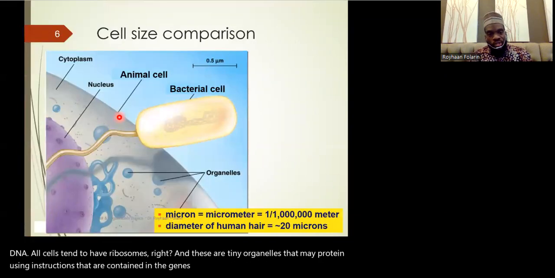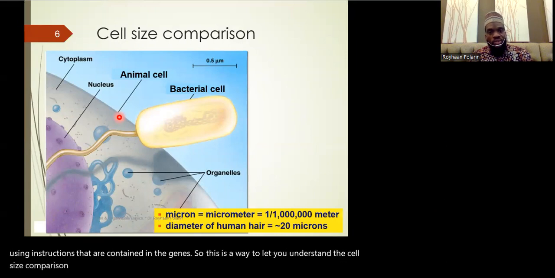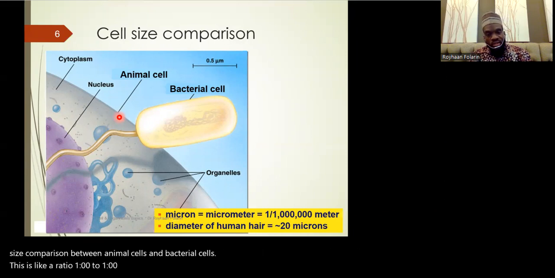This is a way to let you understand the cell size comparison between animal cells and bacterial cells. This is a ratio of 1 to 1 million, meter, or micron.